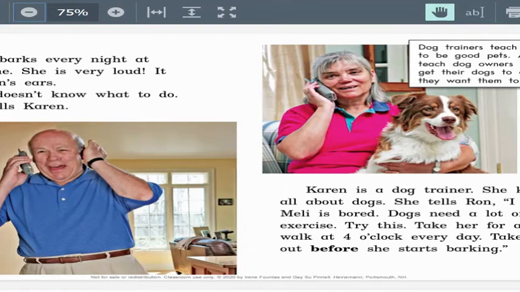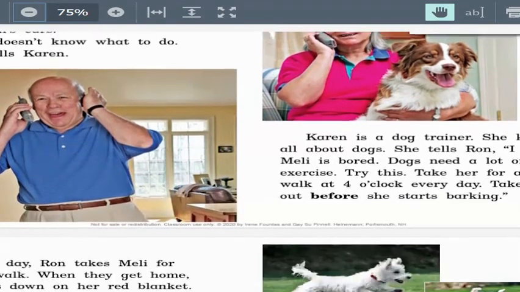Ron doesn't know why, so he calls Karen. She's the dog trainer. See that picture of Karen on page 11? The words in the box have extra information about her. Read it before or after you read the bottom part of the page. Okay, it's extra information, so it can be read at the beginning or read at the end.